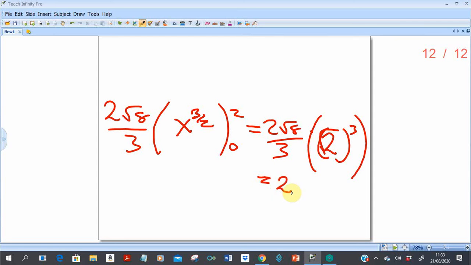Can you simplify from the roots and indices? You have root of 8 and square root of 2. When you simplify, this should give you 16 over 3.